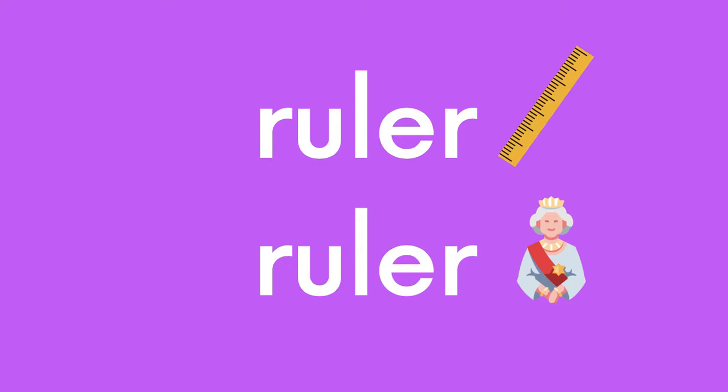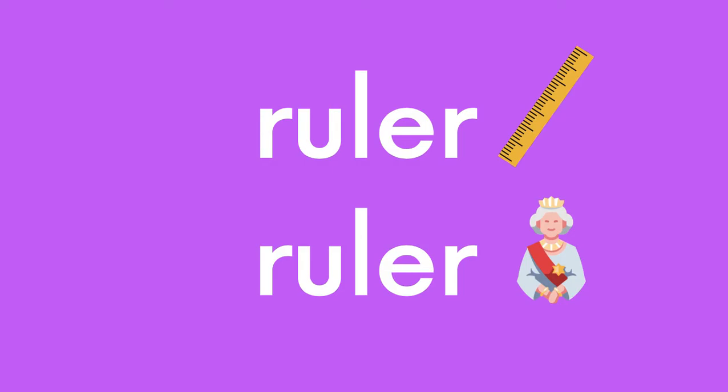Well, look, we have a ruler as in a measurement tool. So we're talking a lot about measuring or measurement today. But we can also have a ruler like a king or a queen or someone who rules over a country or a territory.